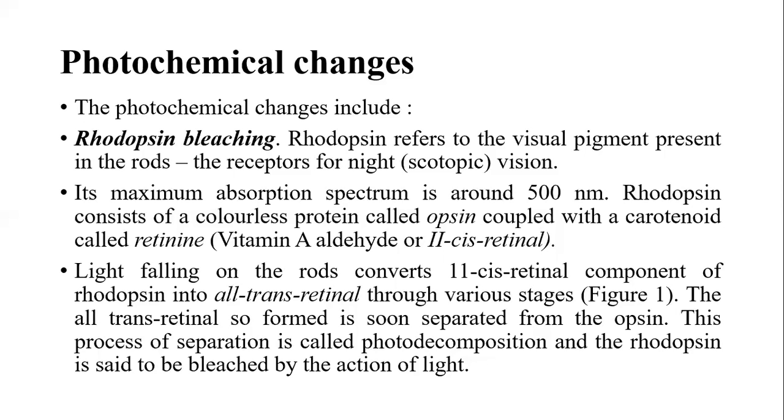Rhodopsin has maximum absorption of spectrum around 500 nanometers. Rhodopsin consists of a colorless protein called opsin, coupled with a carotenoid called retinene, that is vitamin A aldehyde, or 11-cis retinal as it is sometimes called. Basically, rhodopsin is the protein opsin joined together with the carotenoid retinal, vitamin A aldehyde, in its 11-cis form.